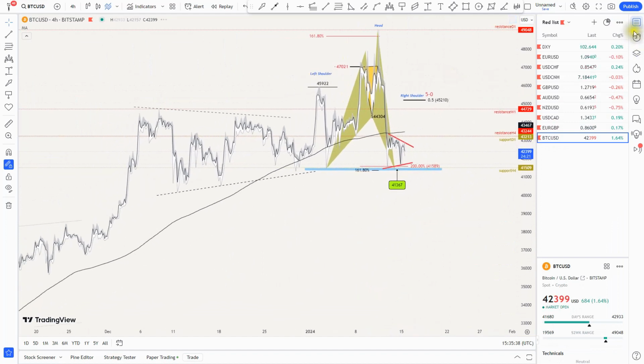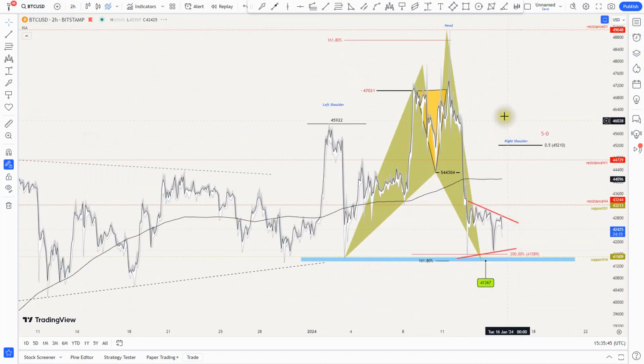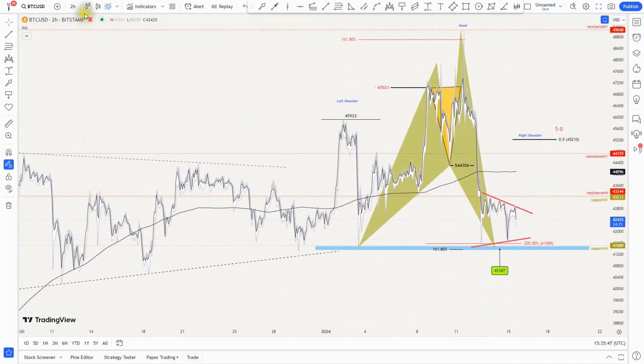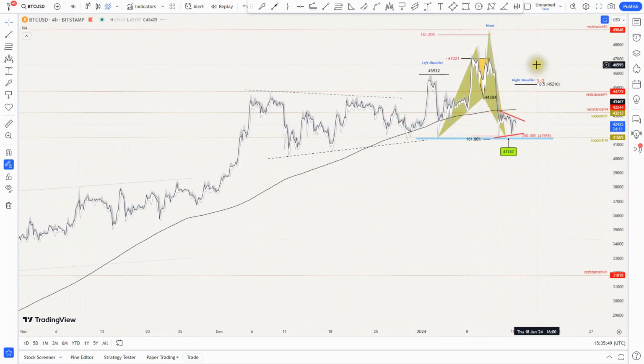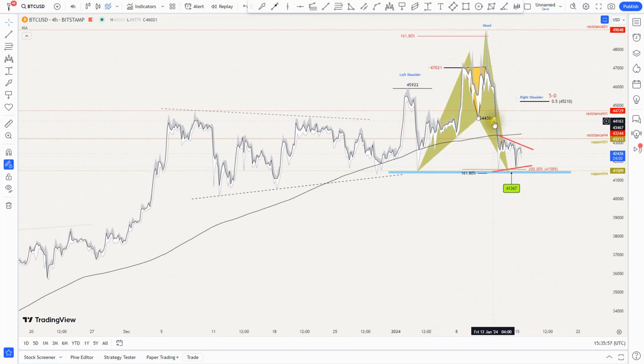Now let's finish with Bitcoin. Actually we can reduce to a 2 hours time frame chart. In fact, let's keep the 4 hours just to show you. Last week I shared on Twitter the technical double top on Bitcoin, which calls for shorts below 44,300.